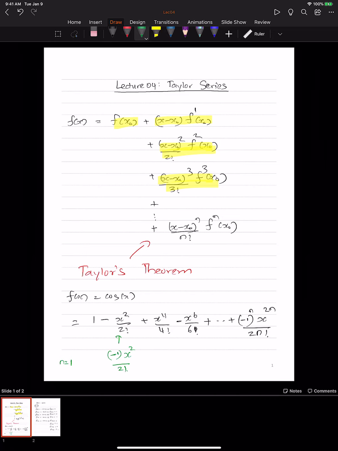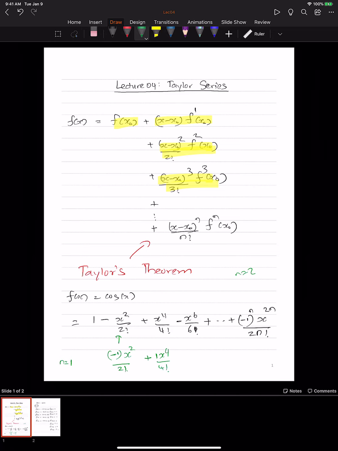Now if n is equal to 2, minus 1 to the power 2 is plus 1, and x to the power 2 times 2, x to the 4, over 2 times 2, 4 factorial.